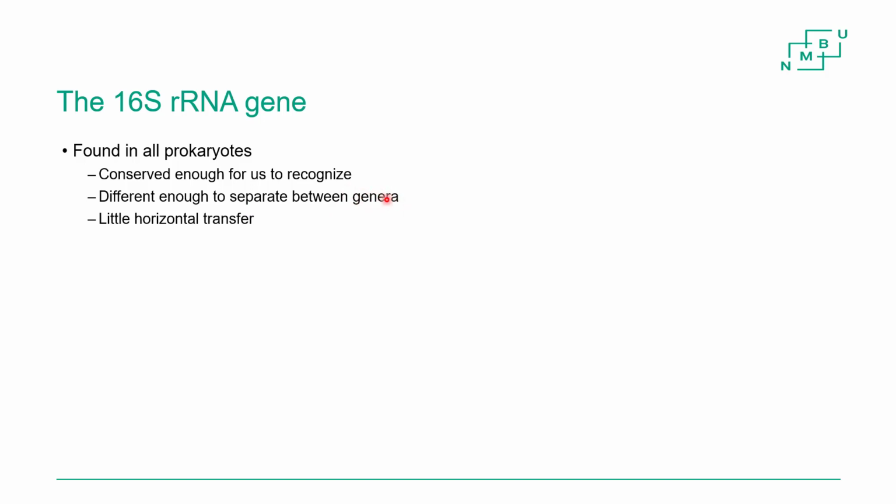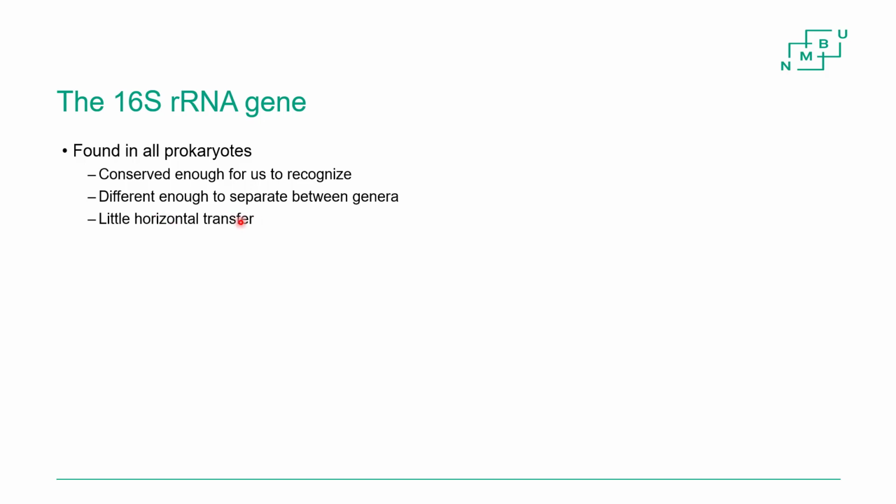Species is possible to some degree, but too many species will have very similar 16S to make it a reliable resolution. But on the genus level, genus rank, we can pretty well separate. There is also very little horizontal transfer for this gene, so it reflects sort of the long-term evolution.